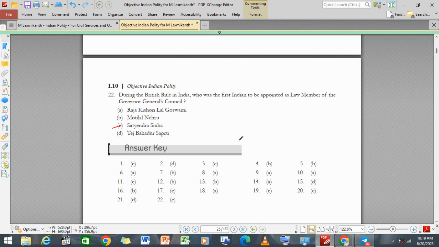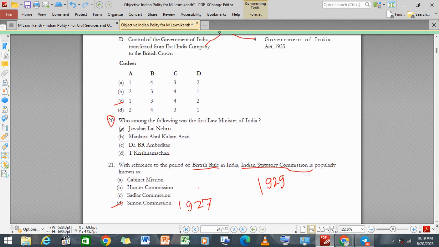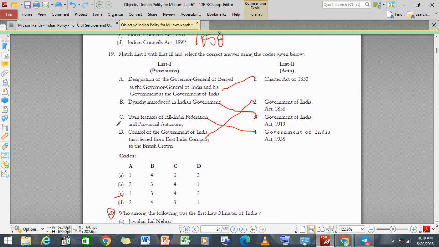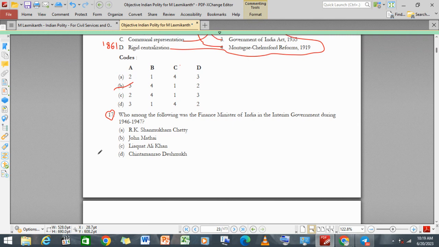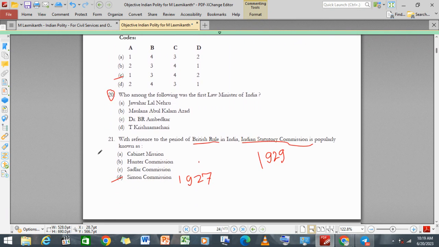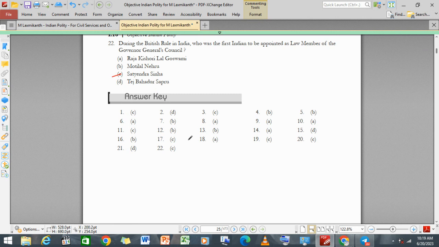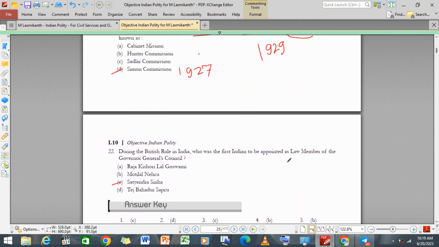Correct. Now we have to look at the questions which we didn't know, 17 and 20. Both are C. Let's see the answers.